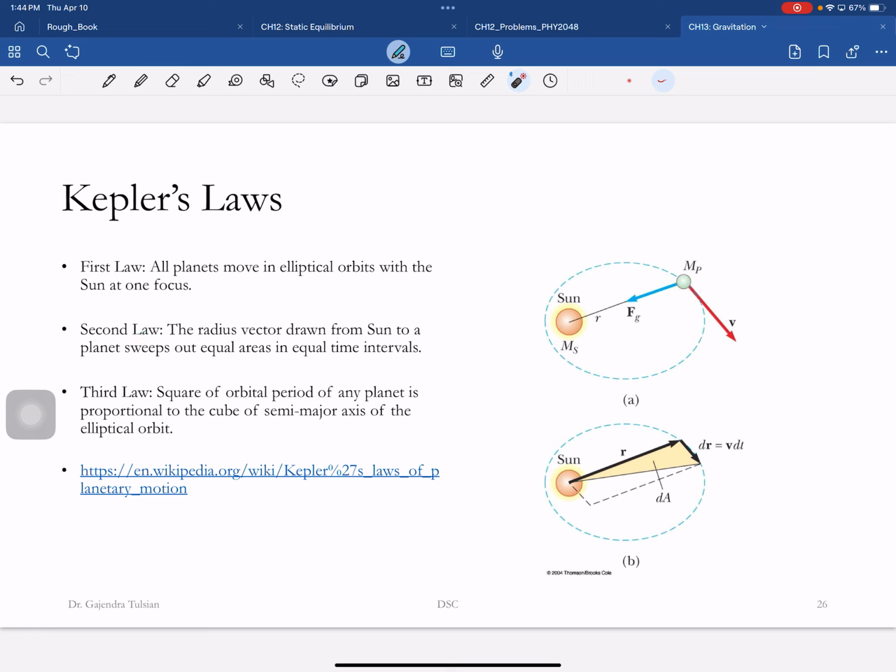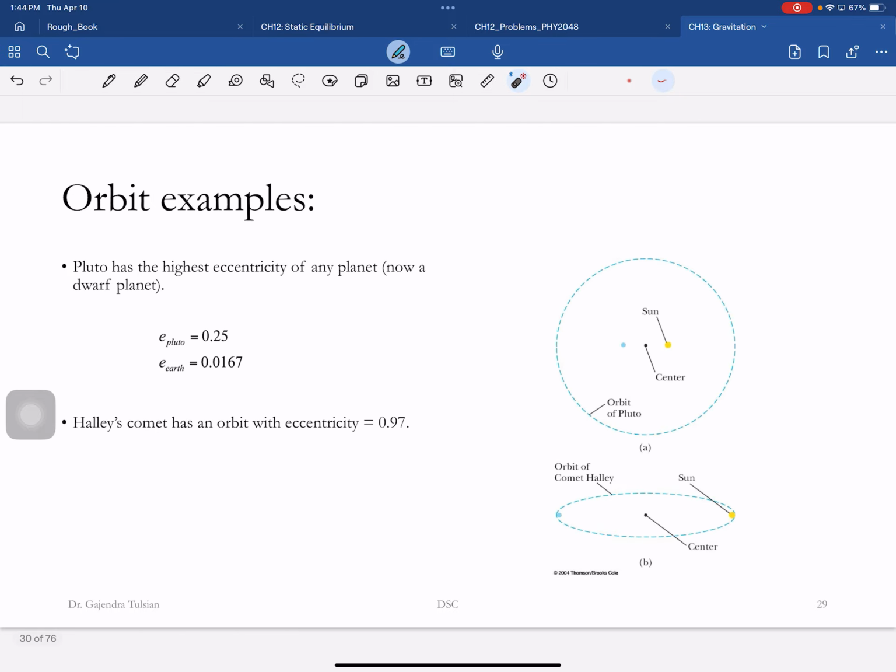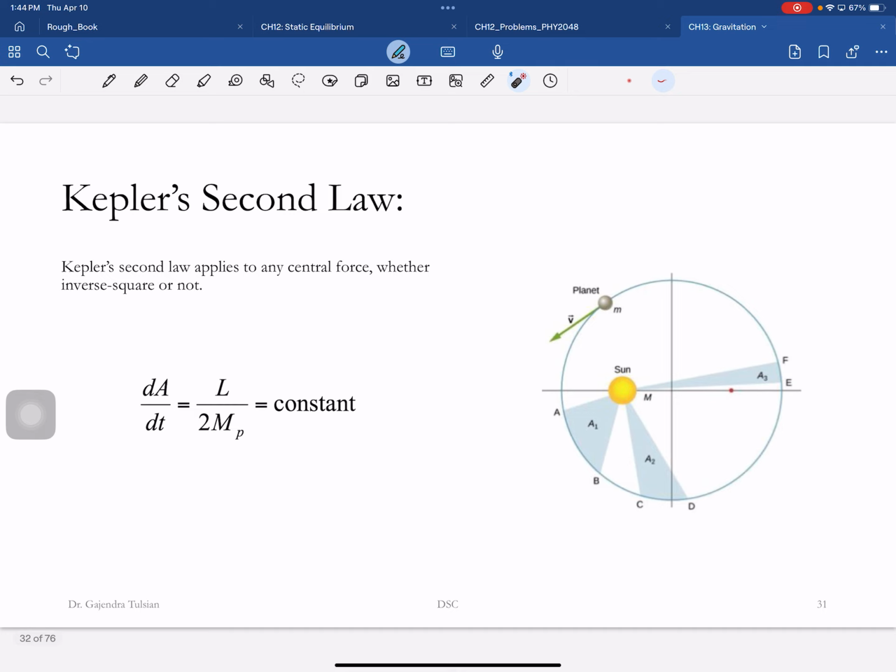Kepler's second law, he just observed this. He didn't know why this was happening. Kepler's second law says the following. Okay, let me get a better picture. If here's an object, here's a planet going around the sun, it will sweep out. So here's the radius vector sweeping out this area.